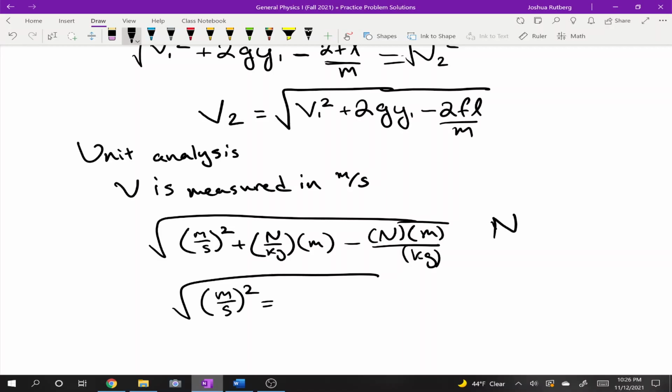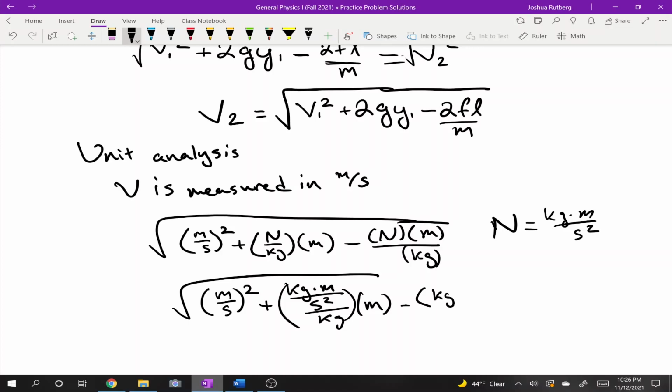A newton I know is a kilogram meter per second squared. So this is a kilogram times a meter divided by seconds squared, divided by kilograms, all times meters, minus kilograms times meters divided by seconds squared times meters divided by kilograms.